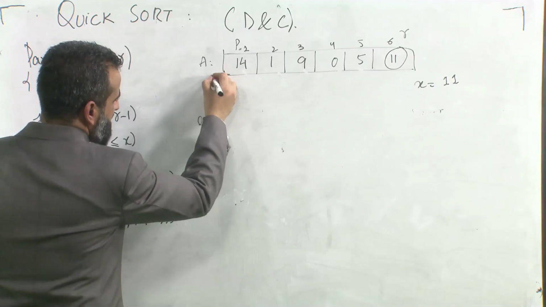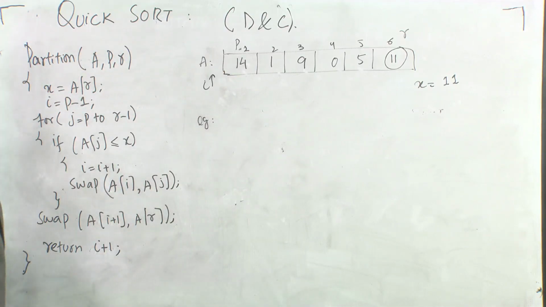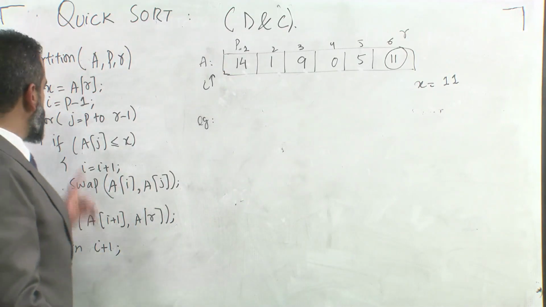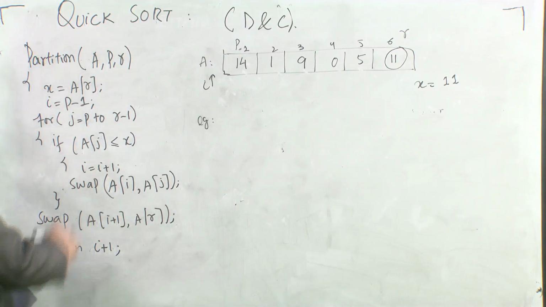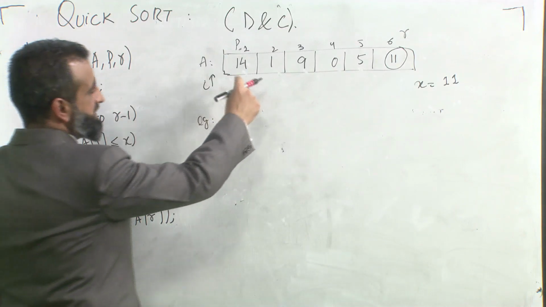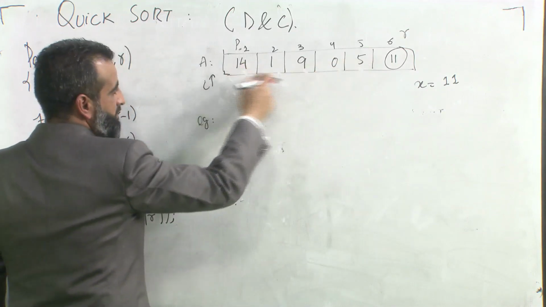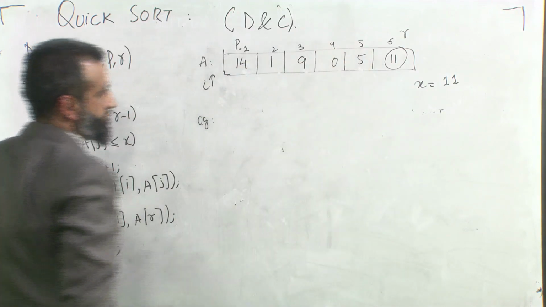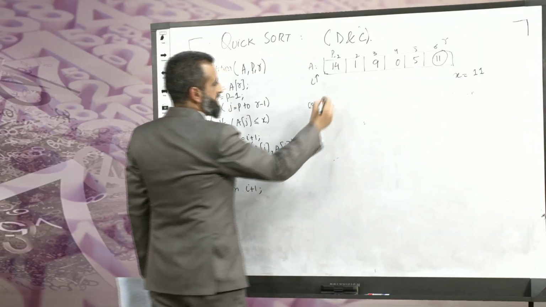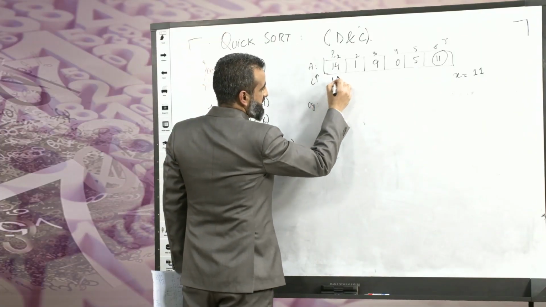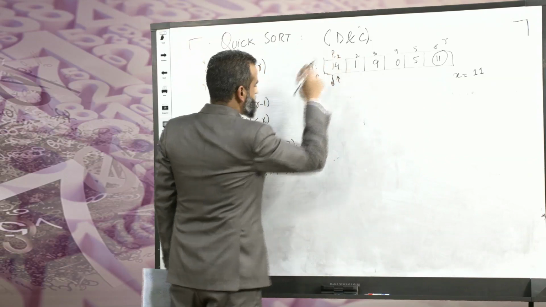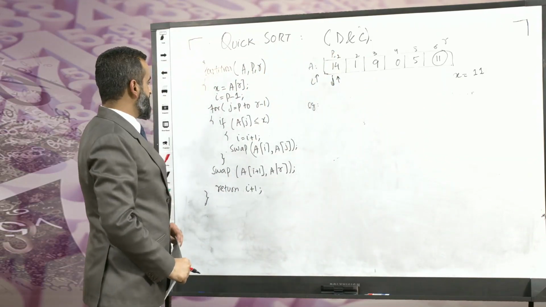It's actually here somewhere. And my J, I will start a loop. The job of this loop is to traverse every single element in this array up to R minus 1. So it will start from 1 and go to position 5. My J is in the beginning pointing towards what P is pointing towards.